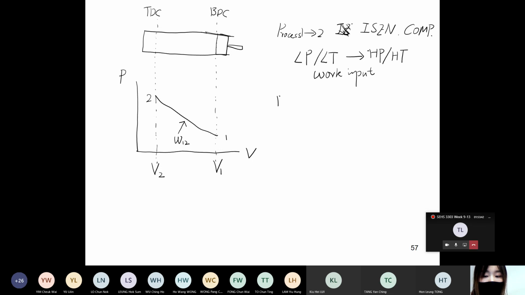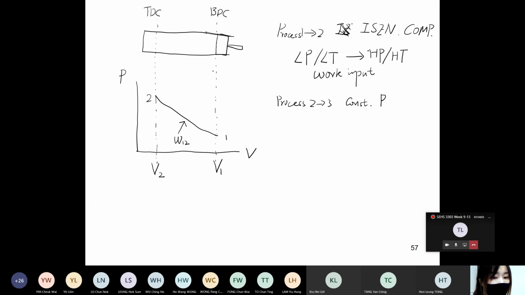From point 2 to 3, pay attention here, it's different from the air standard Otto cycle. What we have is a constant pressure process.